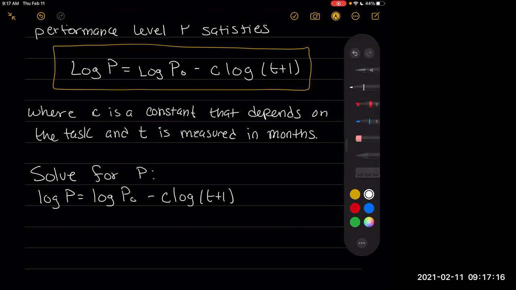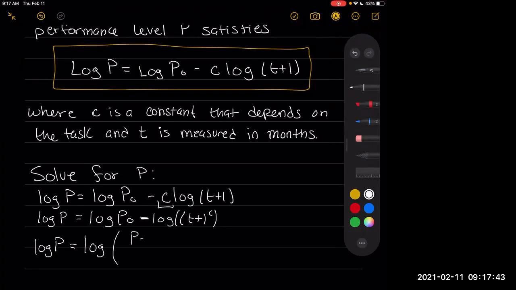First we can look at this number here, the C, and we can bring it inside. So this is log of P equals log of P naught minus log of t plus 1 all raised to the C. And now, since we have this subtraction sign, we can make it a quotient. So we have log of P equals log of P naught over t plus 1 all raised to the C.